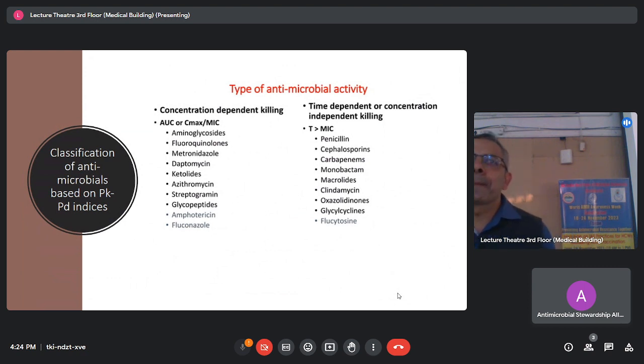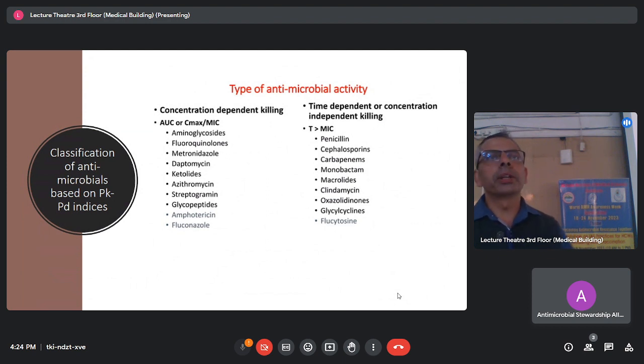So the answers are actually very vague. Now actually this is the point which I want to highlight. There are drugs which have got concentration dependent killing and some drugs which have got time dependent killing. For the drugs which have got time dependent killing, which includes carbapenems, the first thing, the infusion should be given over 3 hours.